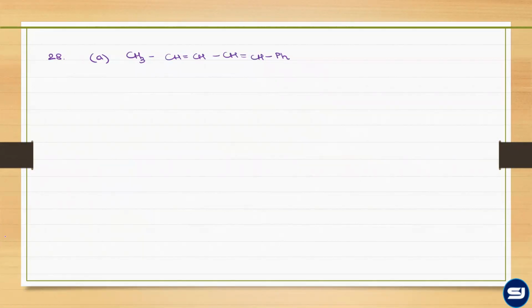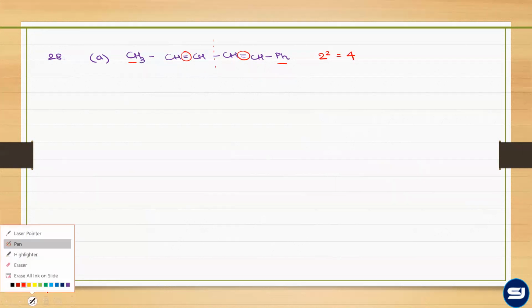And does the molecule have any symmetry? Symmetry है क्या? Obviously no. Methyl and phenyl है. So the molecule is unsymmetrical with two geometric centers, hence the number of isomers will be 2 square, which is equal to 4. तो एक correctly match कर रहा है.